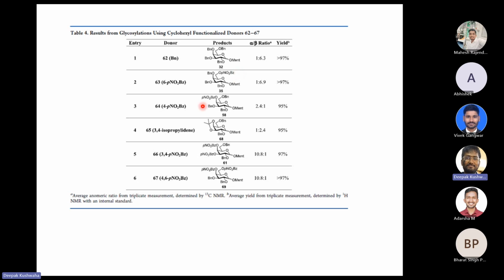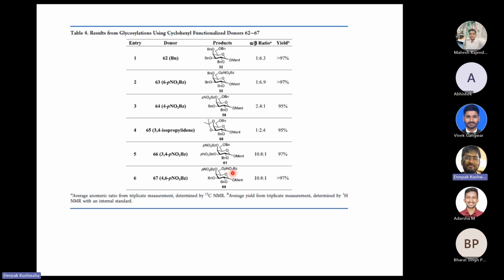Again they used various similar protecting groups on the donors. Moving from a completely OBn protected donor to giving this para-nitrobenzoate protecting group at the C6, C4 and C3 positions, again they are observing the maximum alpha to beta selectivity. And to check that, they have again protected this C6 position also.